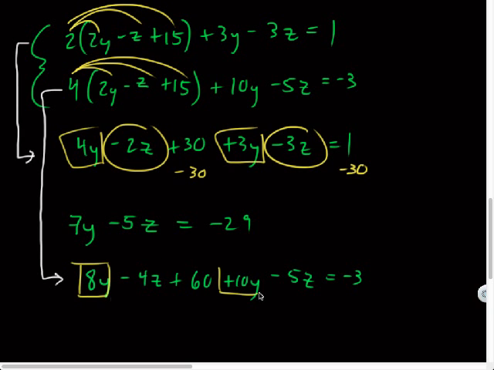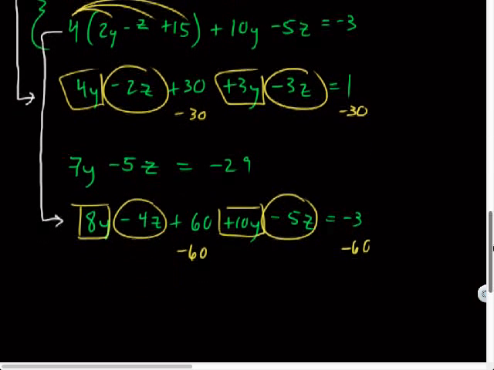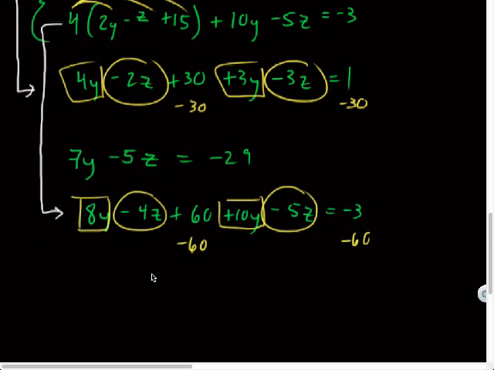So 8y and 10y are friends, -4z, -5z, and we'll move that 60 to the other side. So how many y's do we got? 18y minus 9z equals -63.